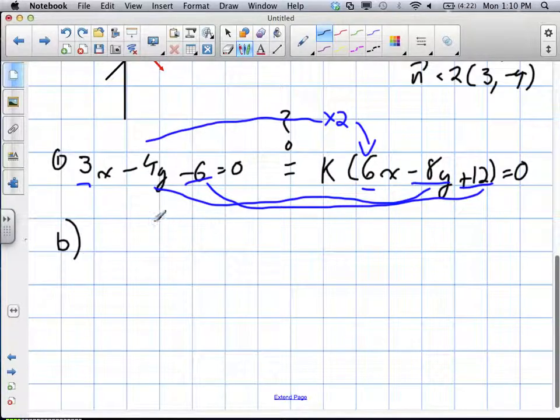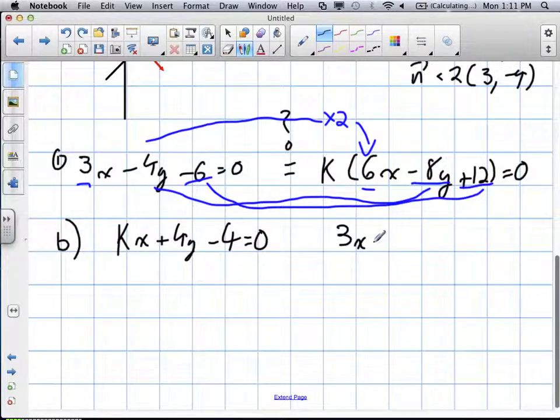B wants to know for these two lines, one of them is kx plus 4y minus 4 equals 0. And the other line is 3x minus 2y minus 3 equals 0. For what value of k are these perpendicular? So again, we can find the normals to both of these.